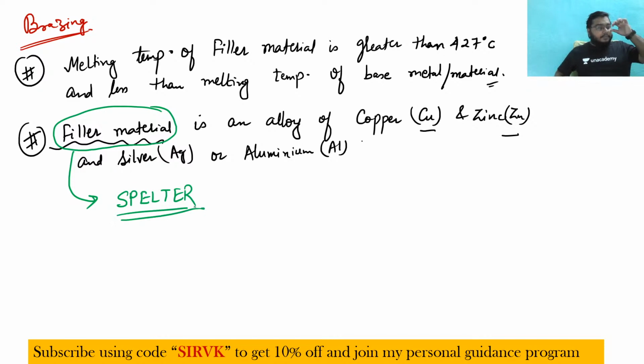Now let me tell you, in the soldering operation we also use a filler material. What is the name of that? We say the filler material is solder. Similarly, in brazing the filler material used here is known as spelter. Clear? Now understand, we use another thing.